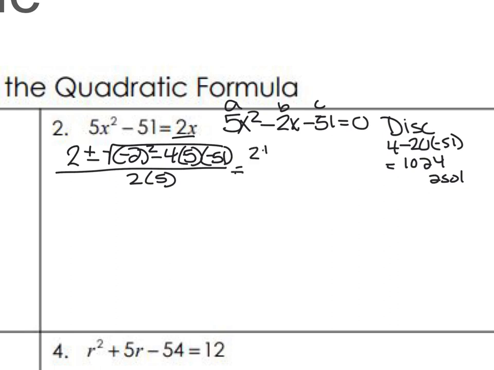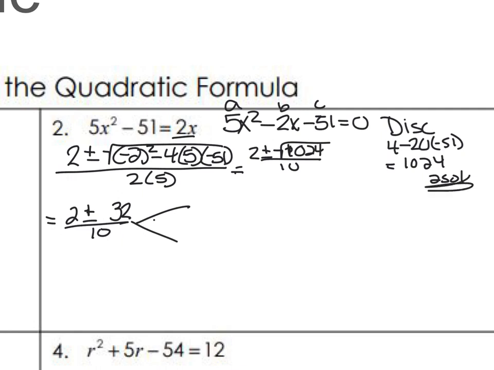So 2 plus or minus square root of 1,024 over 10. So that equals 2 plus or minus, and the square root of 1,024 is 32, over 10. So it's split off to our two solutions. 2 plus 32 divided by 10, so that's going to equal 3.4.